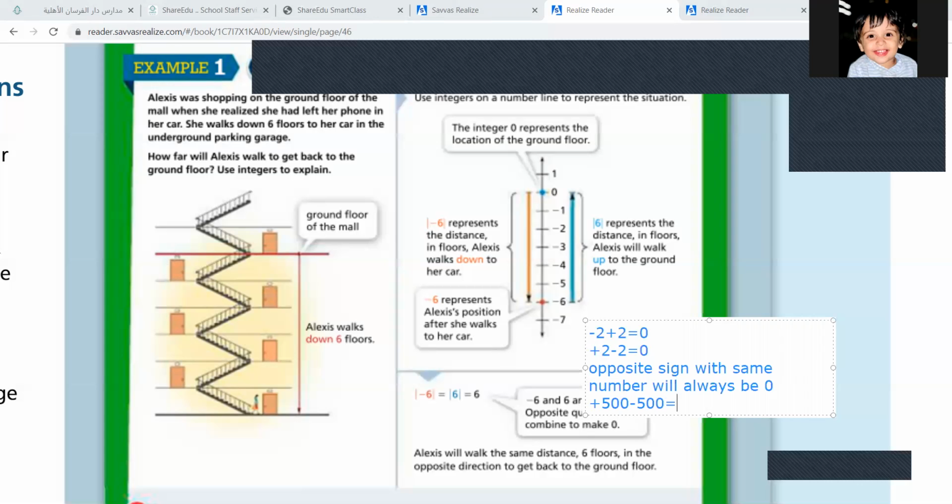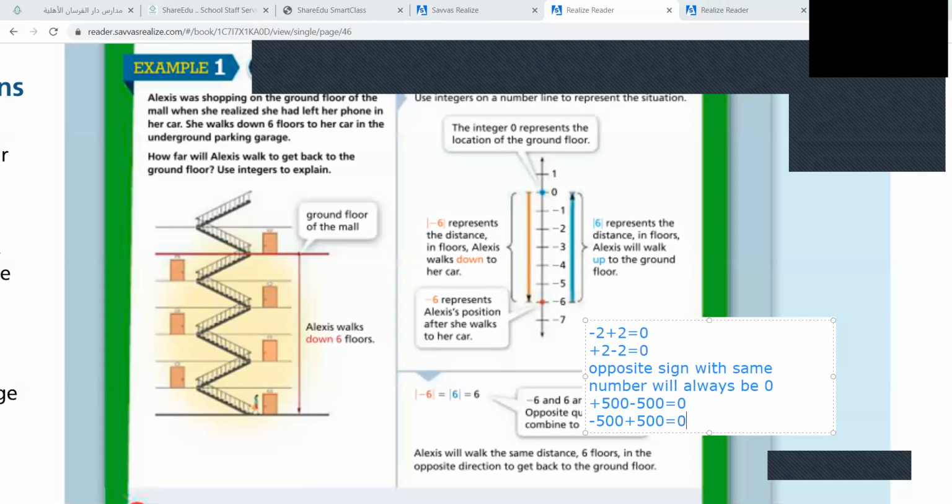Plus 500, minus 500. 0. If you see minus 500 plus 500, what's the answer? 0. The only thing is, when you see opposite signs with the same number, the answer is 0.